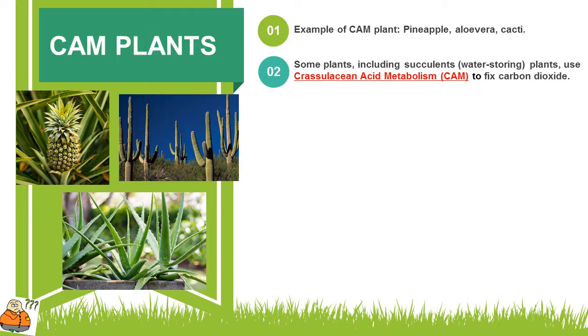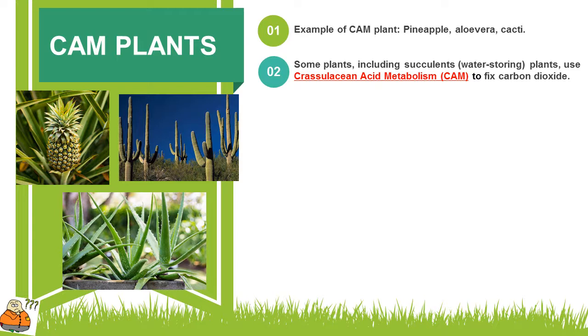These plants usually live in the desert, and the ideal solution to prevent water loss is closing their stomata during daytime. However, photosynthesis can only occur during daytime, and if the stomata are closed during the day and the plant needs carbon dioxide, how can this plant get carbon dioxide?